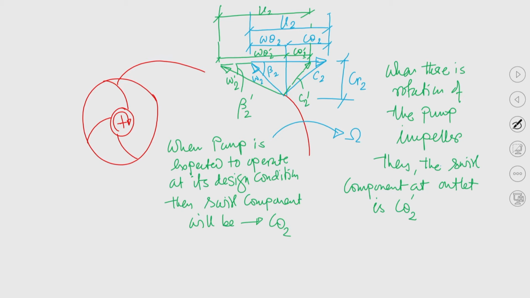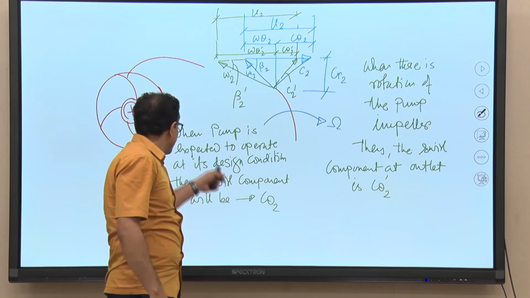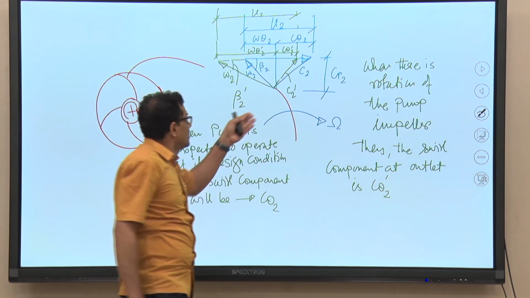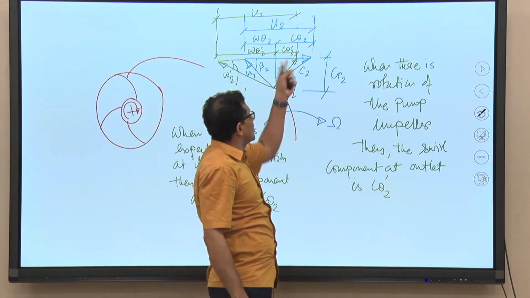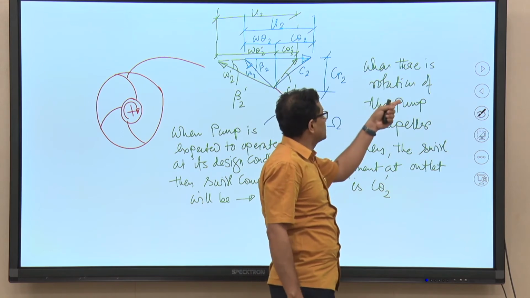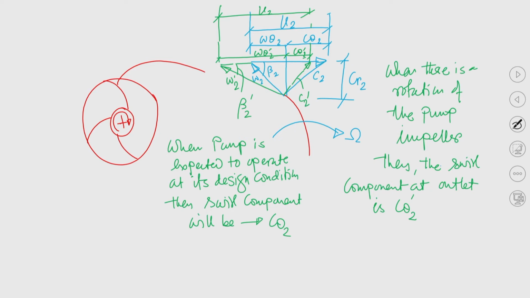So what we can see is that when there is no pump rotation, as per the design condition, the swirl component of velocity at the outlet will be C theta 2, but when the rotation starts, there is a rotation of the pump impeller, then the swirl component at outlet is C theta 2 prime. So definitely the C theta 2 prime is less than C theta 2. That is what we are getting.